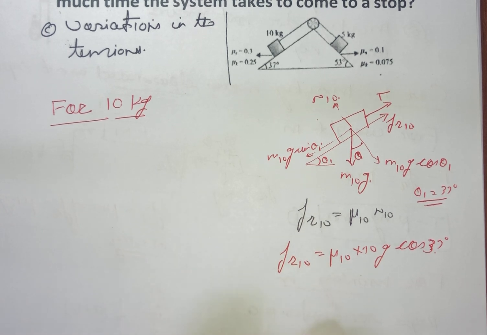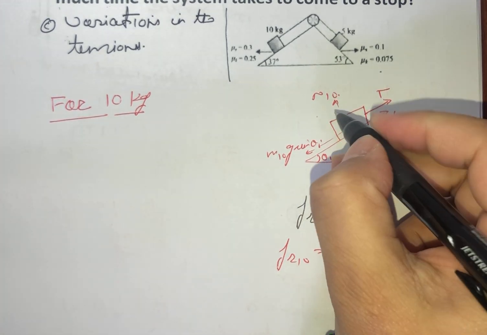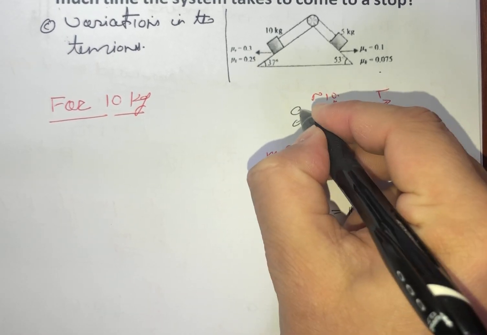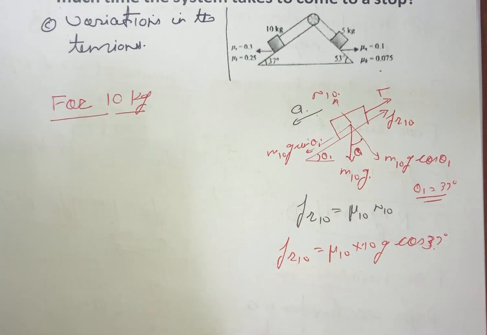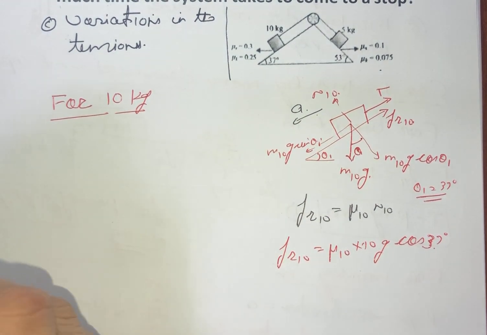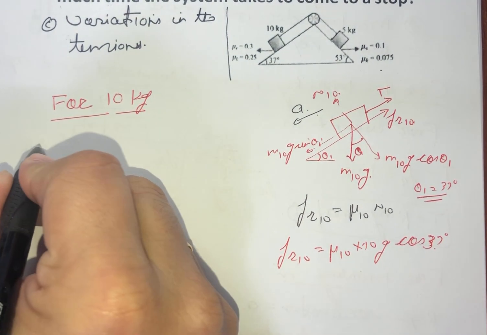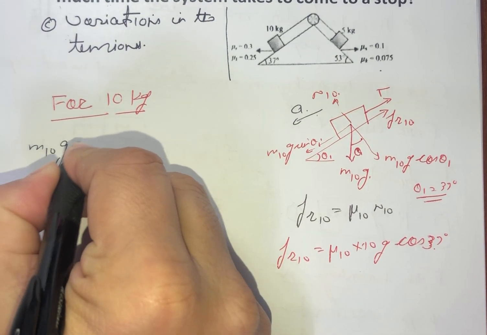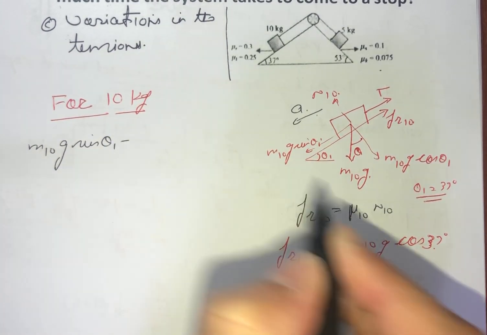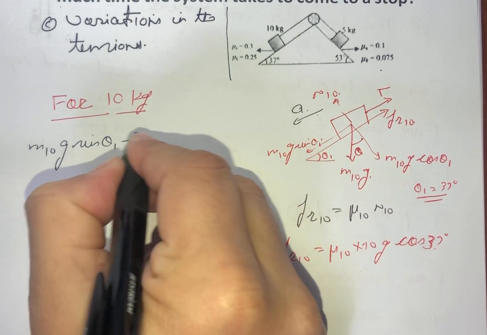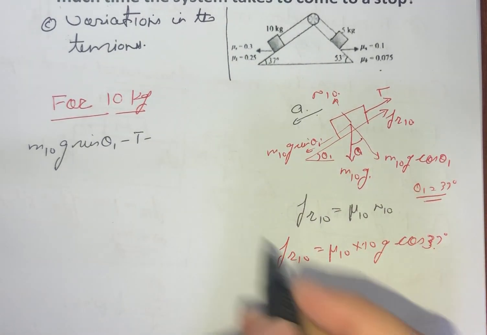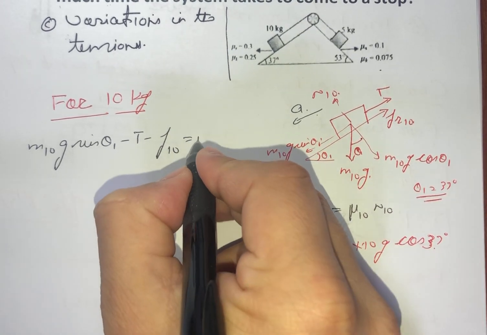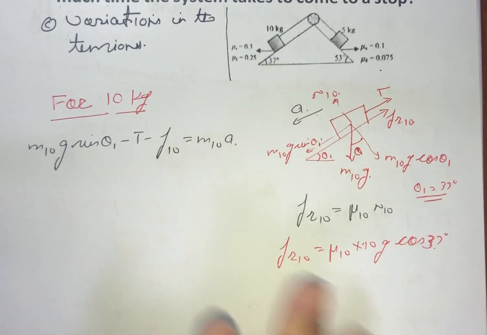So we can write the equation of motion, and we say that it is moving in this direction with acceleration a. We get the equation of motion as m10g sine of theta 1 minus T minus Fr10 equal to m10 multiplied by a.